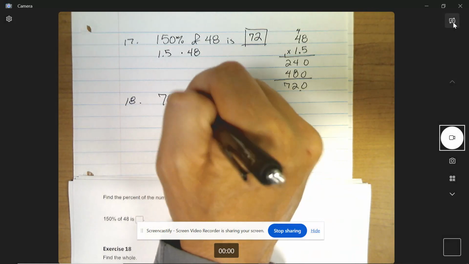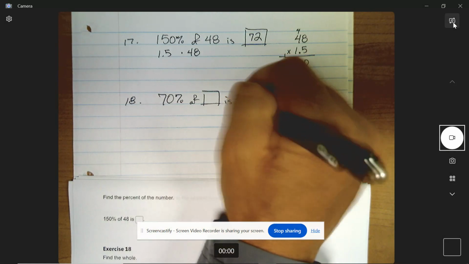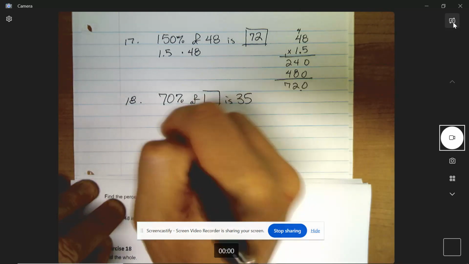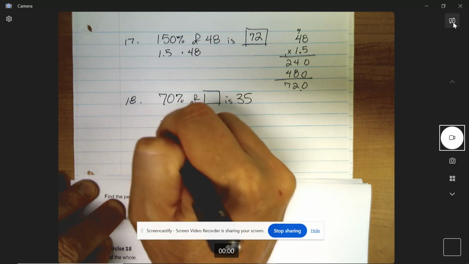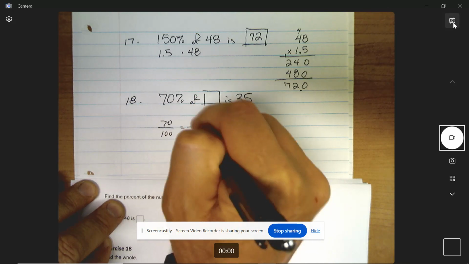70% of what number is 35? Let's see, 70% of what number is 35?